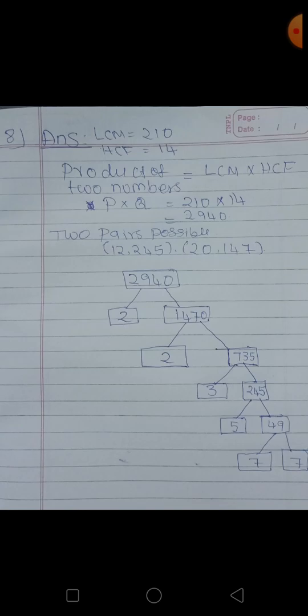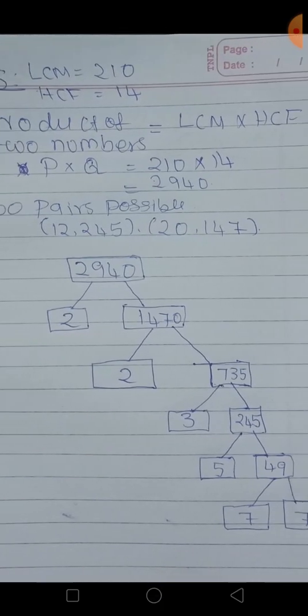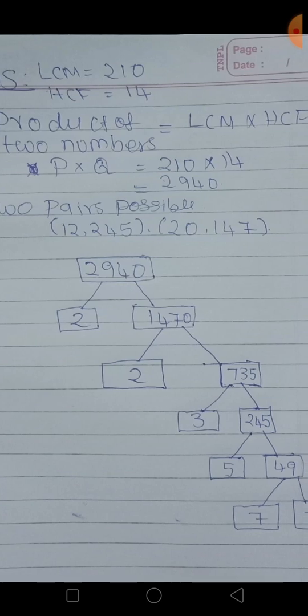Now I'm going to use one formula: the product of two numbers equals LCM into HCF. The product of two numbers, which means the multiplication of two numbers, is equal to the LCM value multiplied by the HCF value.